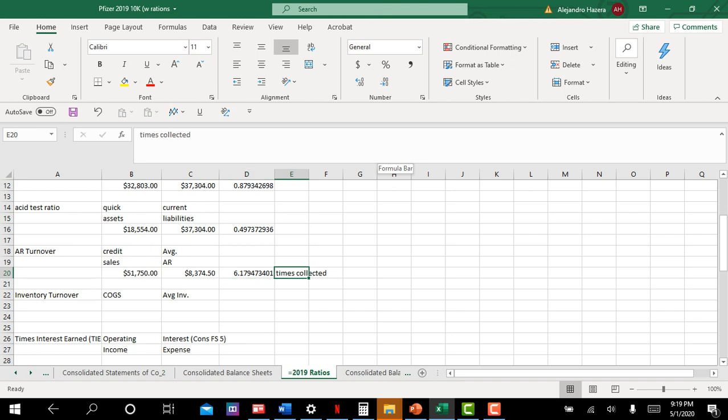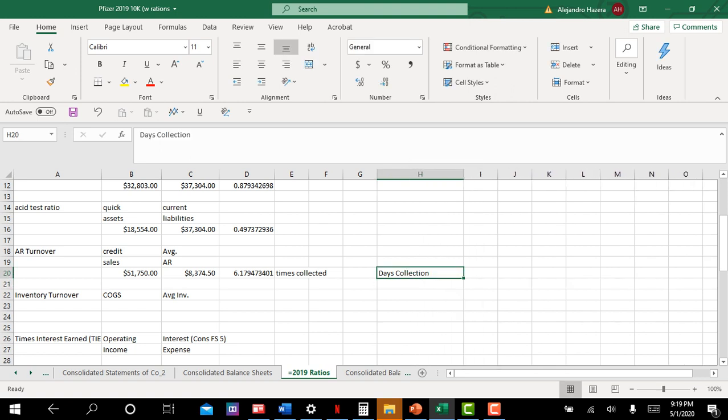Okay, now I'm going to go over here and just do a variant on the accounts receivable turnover, and we're going to call this days collection. People have different names for this, but it's just another way of expressing the accounts receivable turnover ratio. You take the accounts receivable turnover, I'll just call it ART.